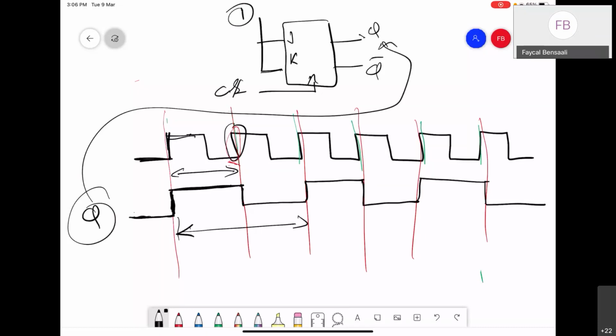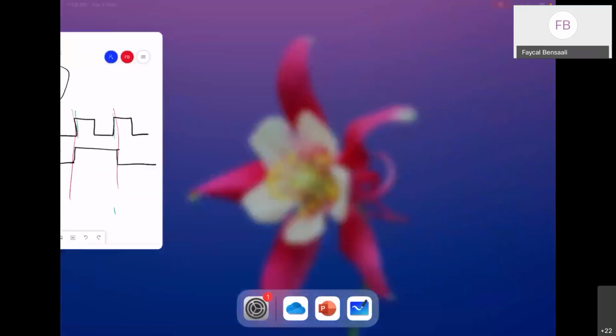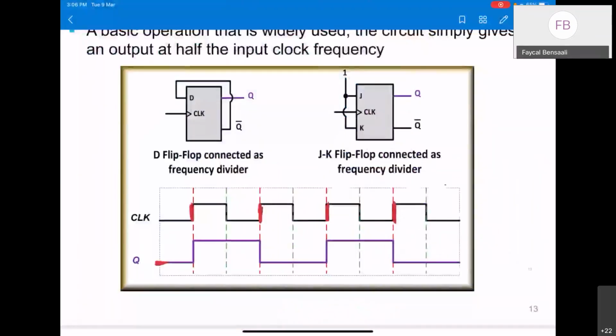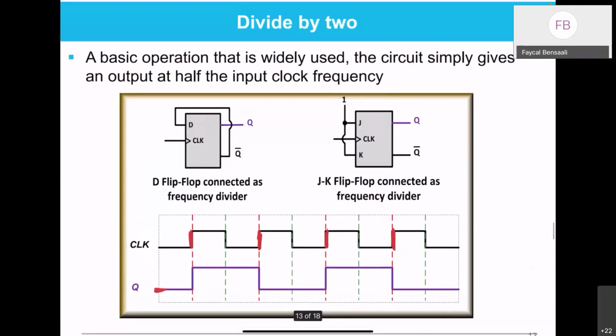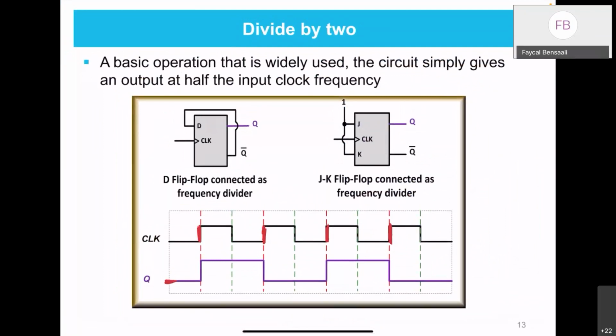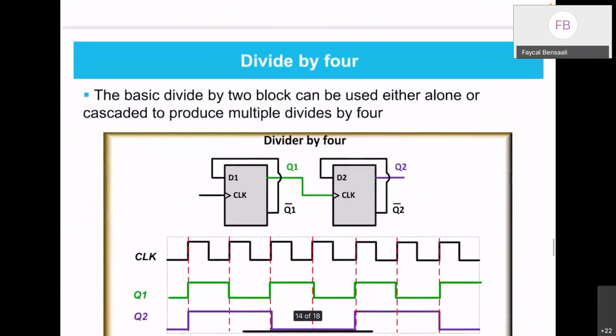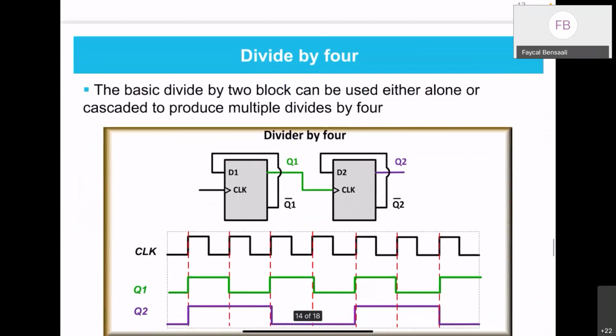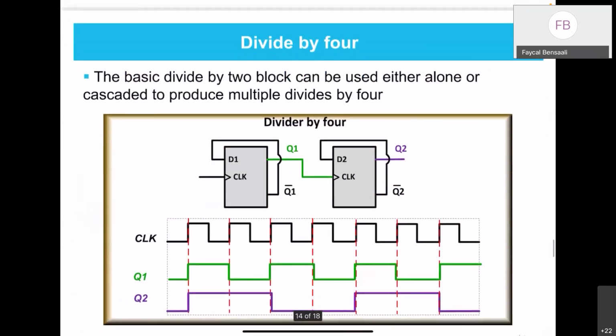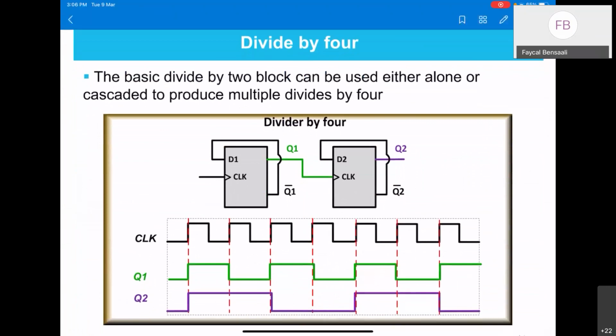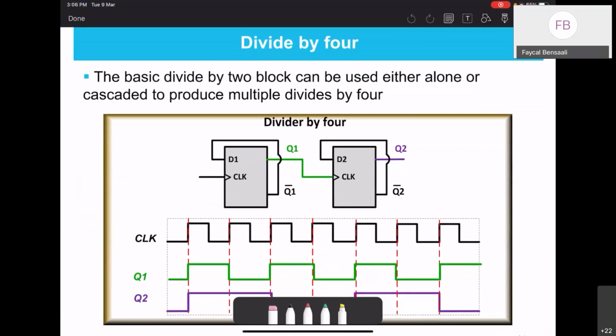And we call this circuit a clock divider, divide by 2. I can divide by 4 if I want by just connecting another stage. Do you see this Q1? We did this in the previous slide. I know this Q1 is half of this clock, so we'll get double the period.